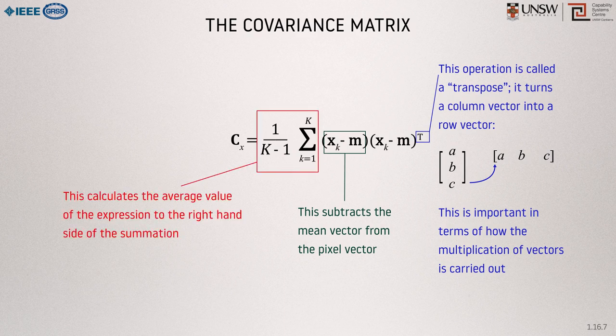We then take the average or expected value over all the mean differences squared. The end result is a new construction called a matrix, represented by the uppercase letter C. We have added the subscript x to the symbol for the covariance matrix, since it relates to calculations where the pixels are described by x. Later on, we will encounter other coordinate systems and will therefore use other subscripts.